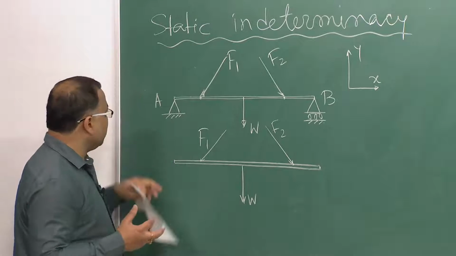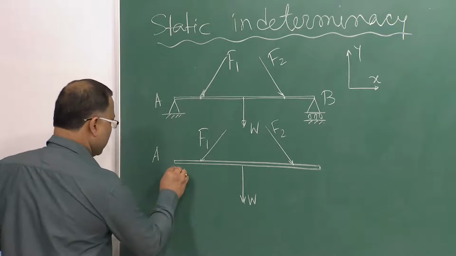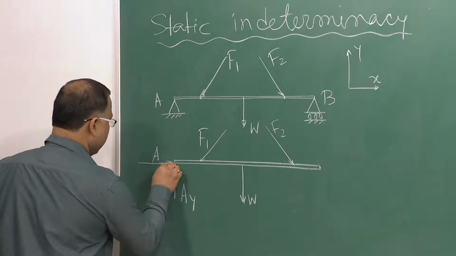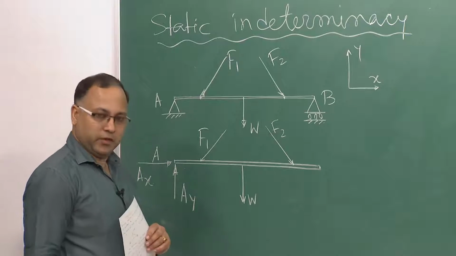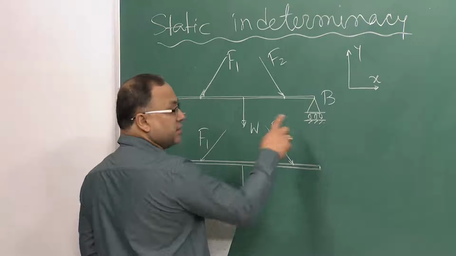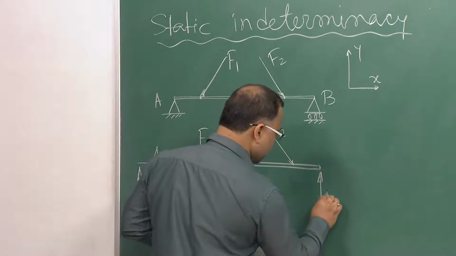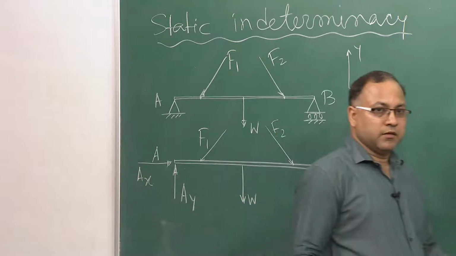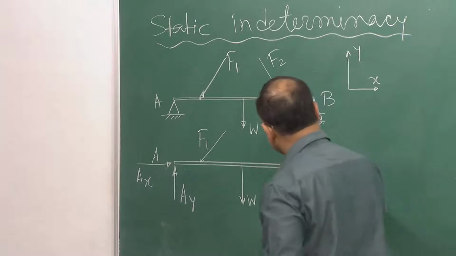So, if I want to replace support A, then basically I should have two forces AY and AX. Similarly, this must be replaced with one vertical reaction BY. Agreed. So, this is your point B.